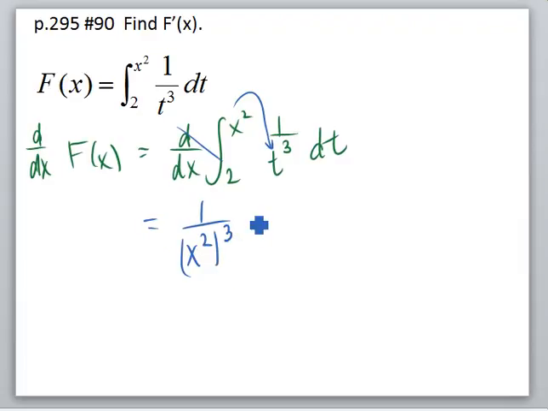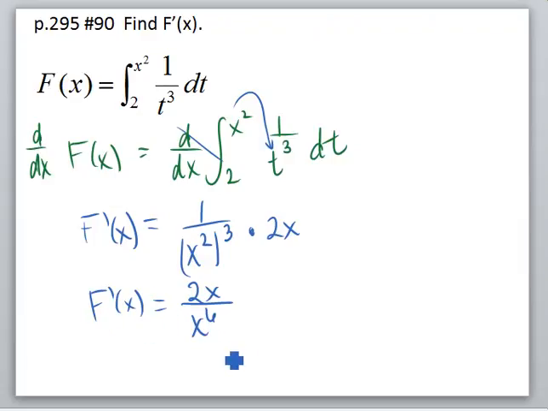The difference in this one is that we also need to take the derivative of this, because it's not just a plain old x. We have to make sure and take the derivative of it. That's the one little trick to this. And then what you end up getting is 2x over x to the 6th. And then what you can do is simplify that to be 2 over x to the 5th.